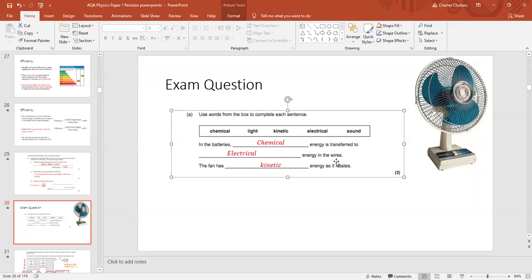Let's look at cars that are powered by gasoline or petrol or diesel. What is the energy conversion that is happening in those cars? Remember, start with the source. It's chemical. Yes, chemical is the first, because chemical energy is stored in the petrol that's in the tank. So what happens next?